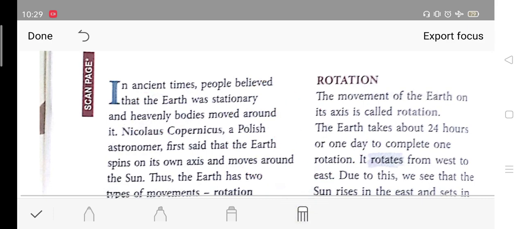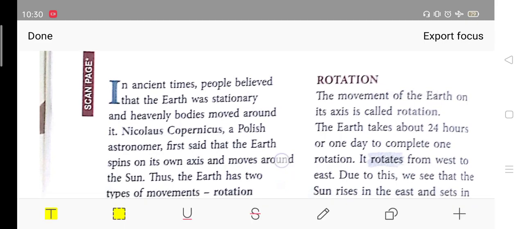Now Nicholas Copernicus, a Polish astronomer, Polish being people who come from countries like Poland, first said that the earth spins on its own axis and moves around the sun. Thus, the earth has two types of movements.